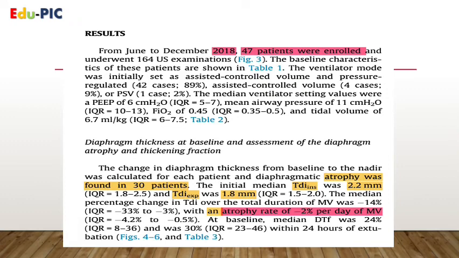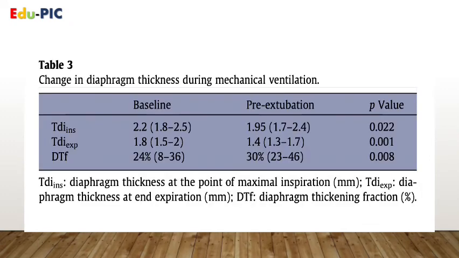And these are the measurements, and the next table is showing the difference in diaphragmatic thickness between the baseline and pre-extubation. You can notice here the baseline thickness 2.2, and before extubation it decreased to 1.95 at the end inspiration.